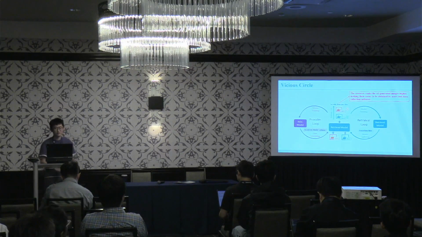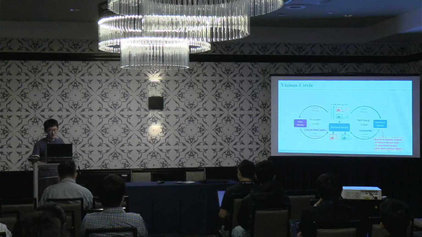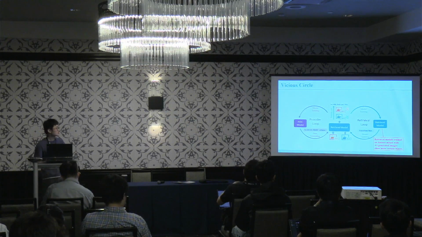Our findings reveal a vicious cycle. Firstly, the retriever ranks the AI-generated images higher, making them easier to be obtained by users and data selection software, as shown in this figure. Secondly, retrieval models trained on datasets mixed with AI-generated images show more serious invisible relevance bias.